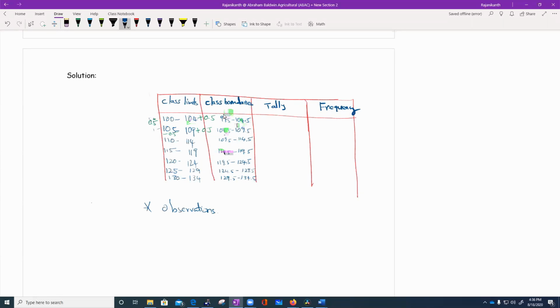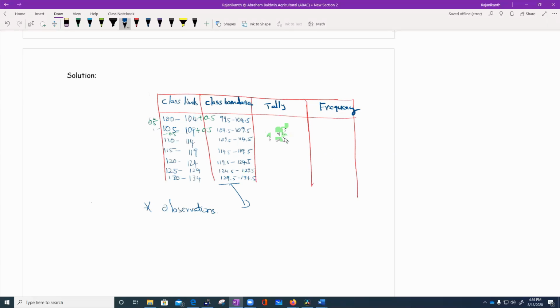Therefore, I am going to use the class boundary values to draw the histograms. So if you are asked to draw a histogram, it's important to first find out the class boundaries. Okay, so find out the class boundaries.